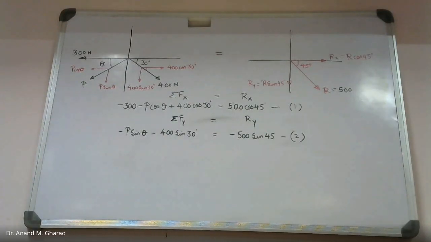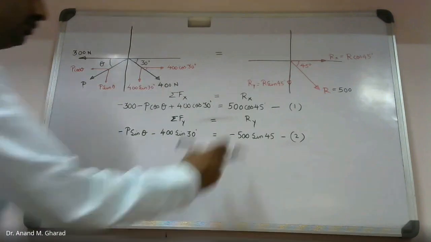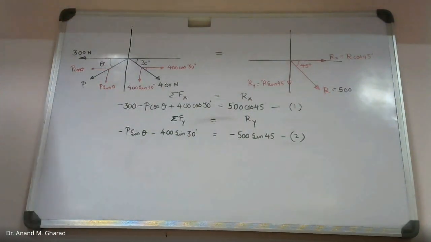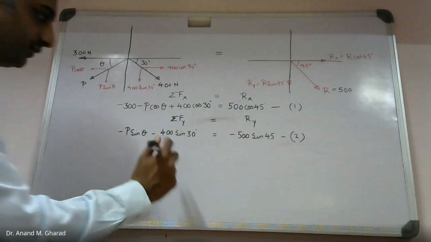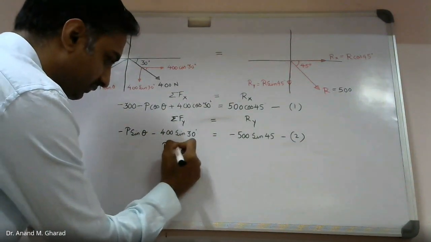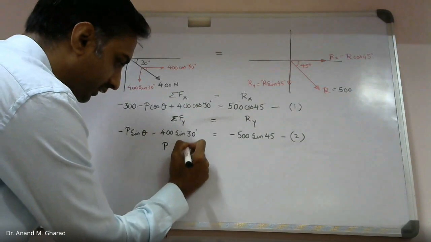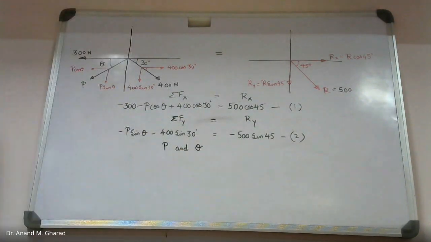If these two equations are correct, can you not solve them? You can solve them very easily. So please try to solve and let me know what will be the values for P and theta.